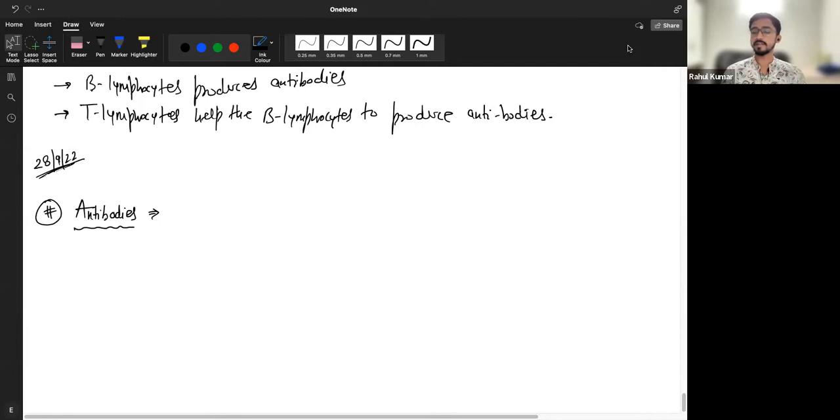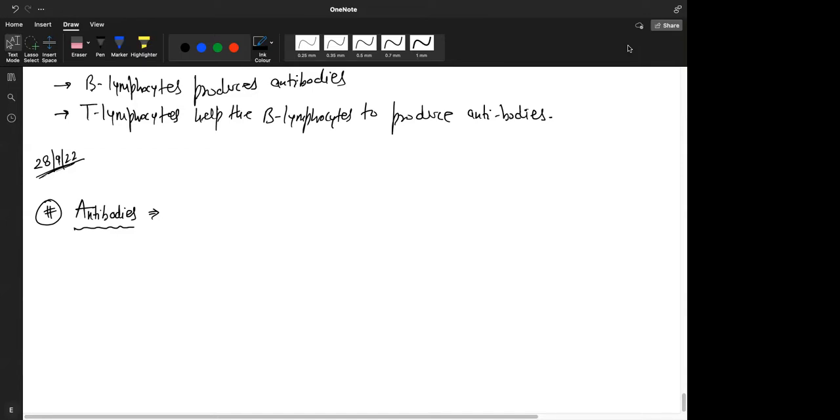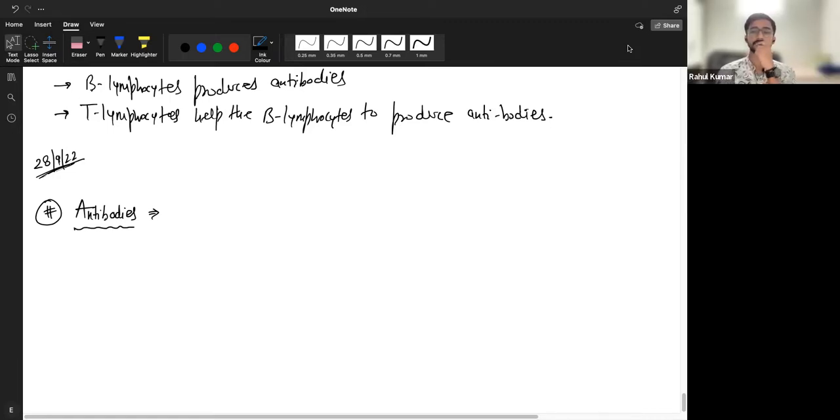So do we have antibodies right from the birth in our body? Do we have antibodies against pathogens from birth? Yeah, so we do have antibodies right from birth. Against what? Against, let's say, survival, I guess.